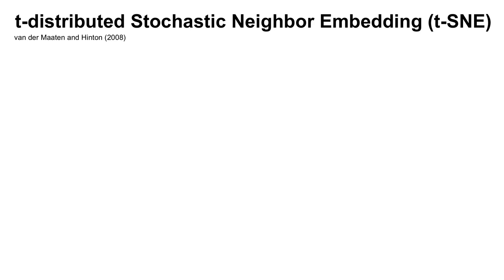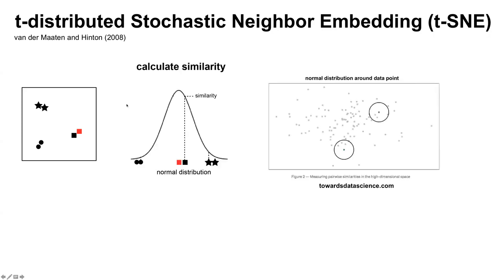To show you how it works, I'm going to consider two-dimensional space as high dimensions. It's so many dimensions, right? But this is how it works. You have your high dimensional plot, and it calculates similarity scores. It does this for pairwise comparisons across all samples, according to a normal distribution. So we take our high dimensional space and calculate probabilities or similarities based on a normal curve.